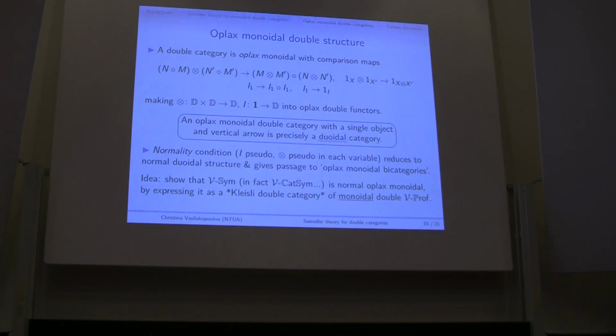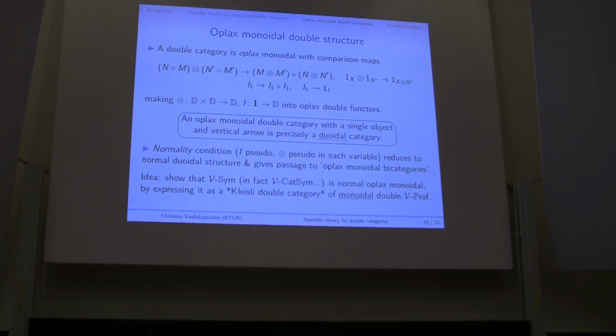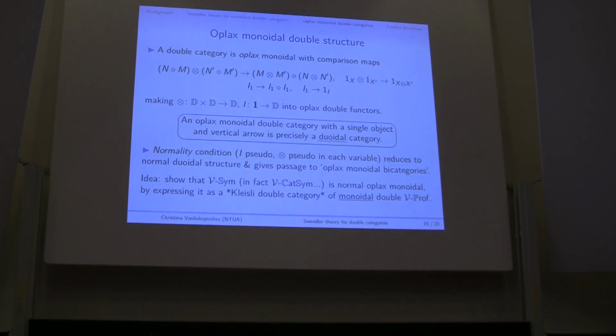Every time you apply this monad to the double category and you do a Kleisli double construction, very similar to the classic construction for ordinary categories or for bicategories, you will get an O-plus monoidal double category. Apply the Kleisli construction to a pseudo-monoidal structure, you get an O-plus monoidal structure. So that's exactly what this work is about.